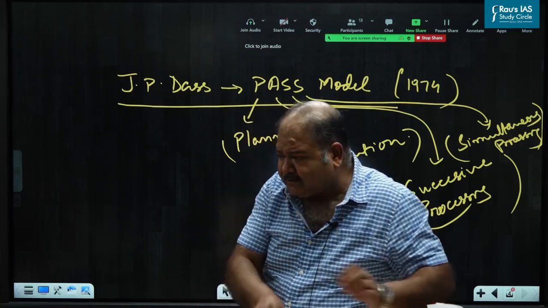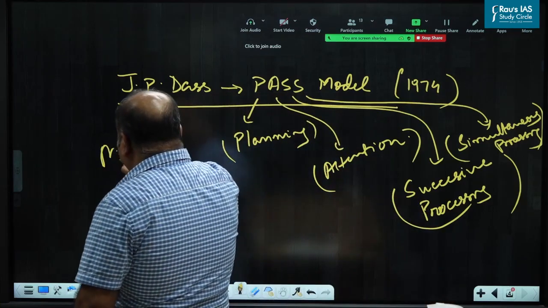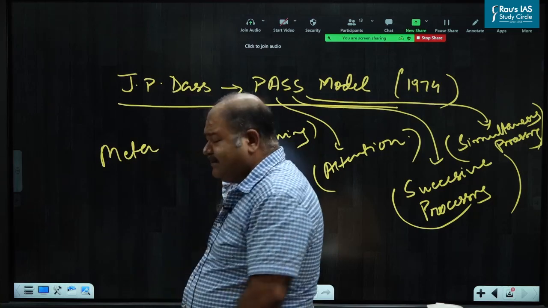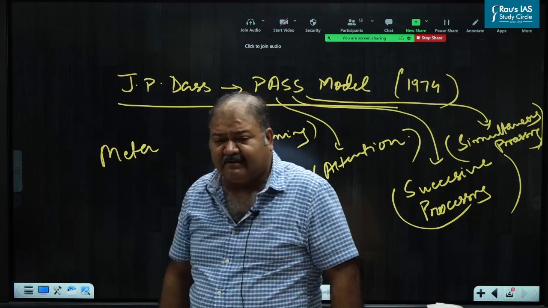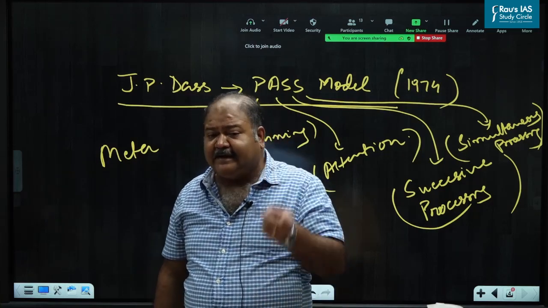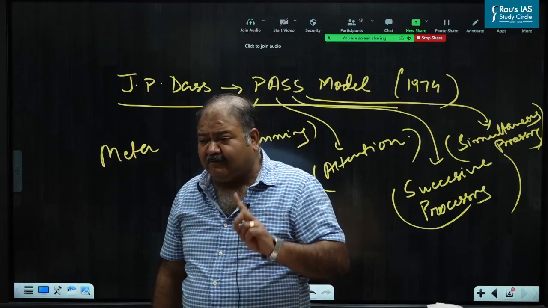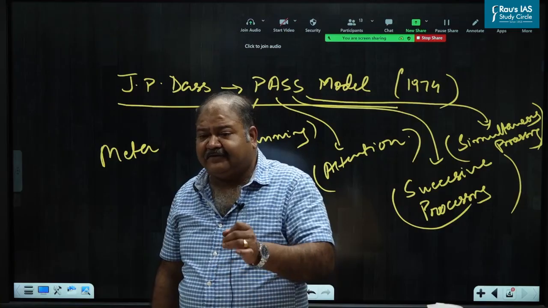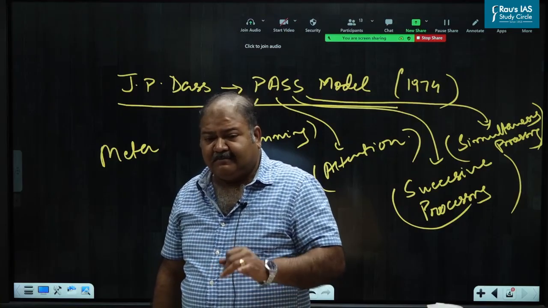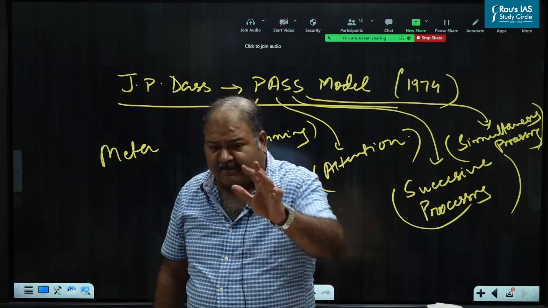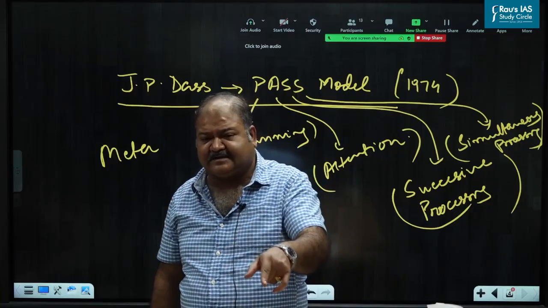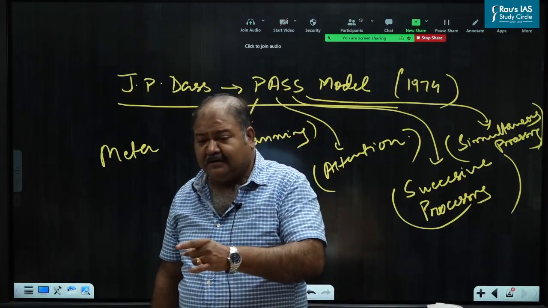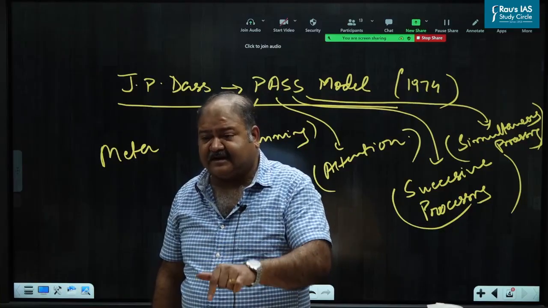So whenever we use this term meta, it can be used for anything. Like you can say meta memory. Meta memory means determining the way I am going to memorize the information. So different people have different meta memories. Some people prefer learning by rote memorization because their meta memory has suggested them to go for rote memorization. Some people are better with understanding the information.